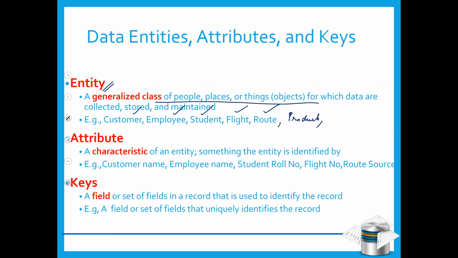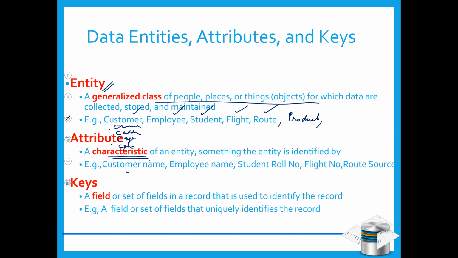Now, let's see what do you mean by an attribute. Attribute is nothing but a characteristic. Okay, so we'll talk about one by one. If you talk about customer, he can have a customer name, he can have a customer address, he can have a customer age, he can have a customer phone number. All these are attributes of customer.